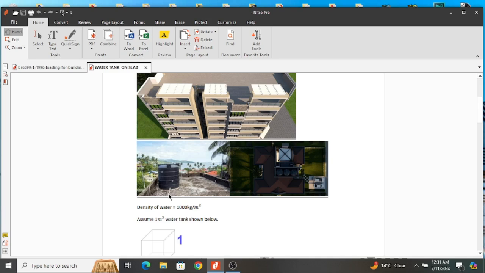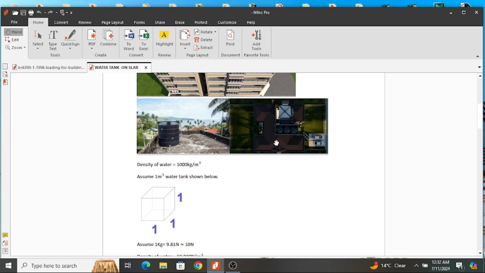Or the slab at this section was designed to hold that water tank. Also in this, although it's not so clear, you can see it is a roof, and we have three water tanks placed, all of them in line here. This is one of our projects, and these tanks were supported by a reinforced concrete floor below them.